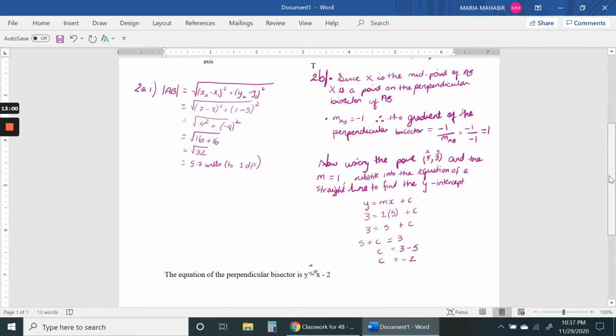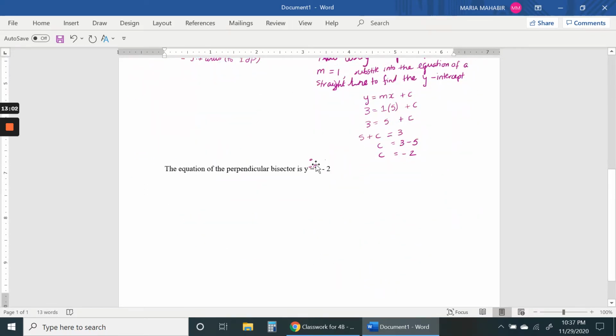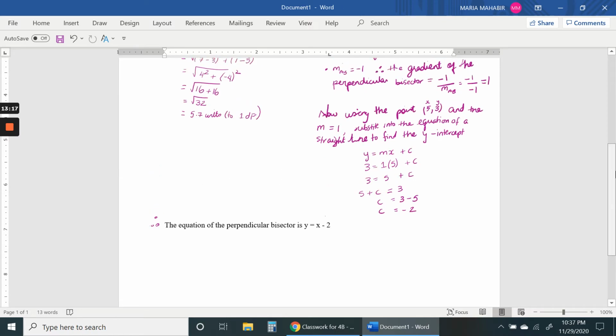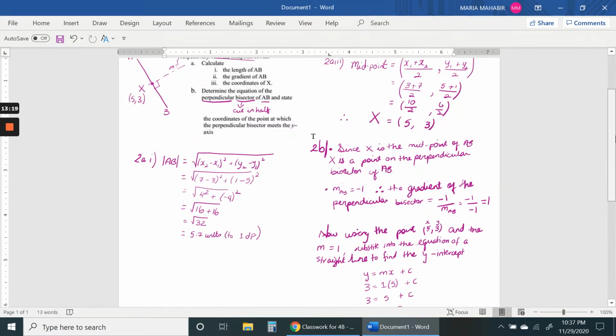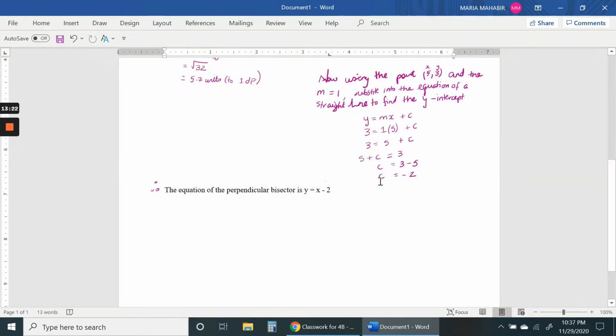So where it meets the y-axis is literally just the y-intercept. Right, and they wanted us to state the coordinates, so therefore we need x and y.